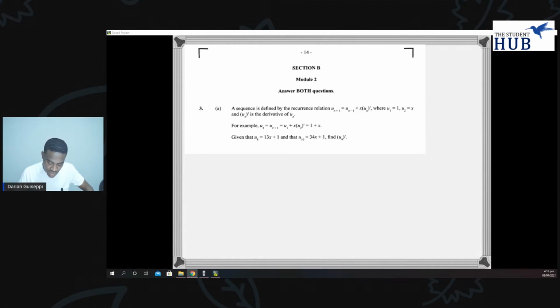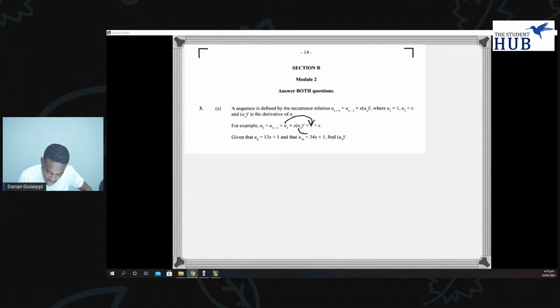So basically what they did here, they took this particular relation and put 2 here, and that's how they get the u3. And they put the 2 here, and that's how they get the u1 here. And they put the 2 here as well, and that's how they get this. And u1, they stated, is equal to 1, so they replace u1 with 1, so that's how you get this one here.